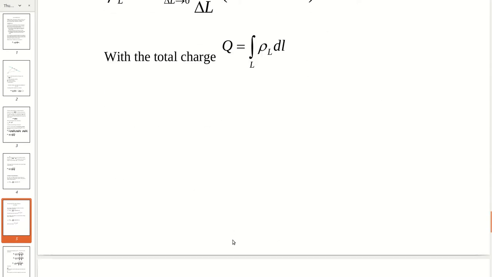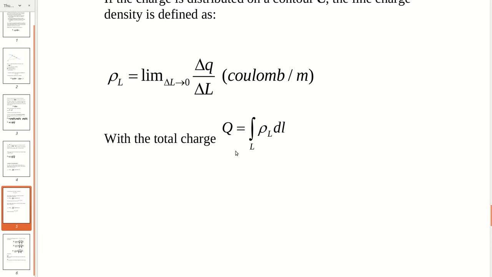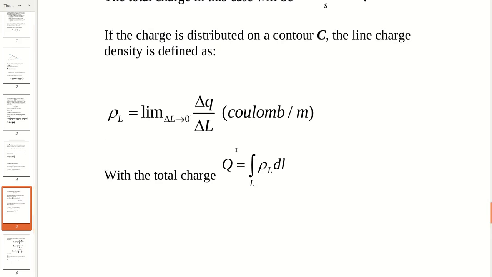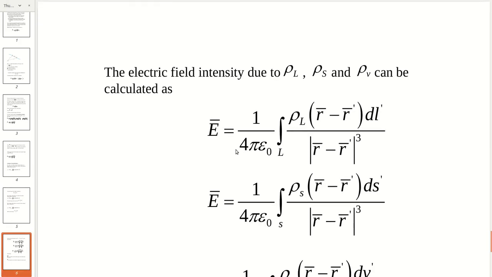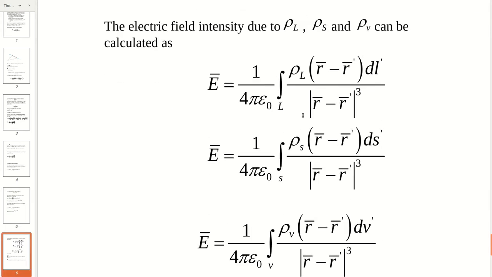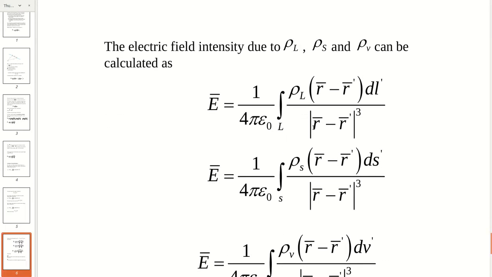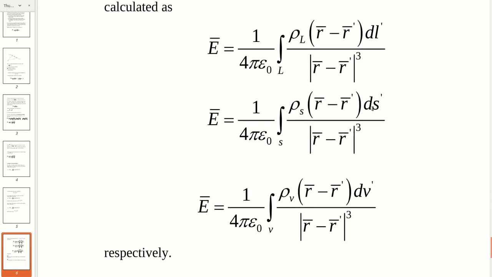Now let's take this Q, in volume, in line, or in surface, and put it in E, our electric field intensity. Remember that due to rho L, rho S, rho V, you put it instead of the Q over R, and you take the integration over dl, ds, dv.